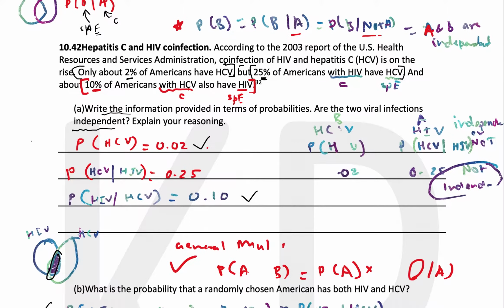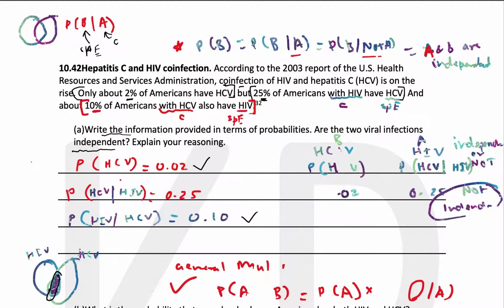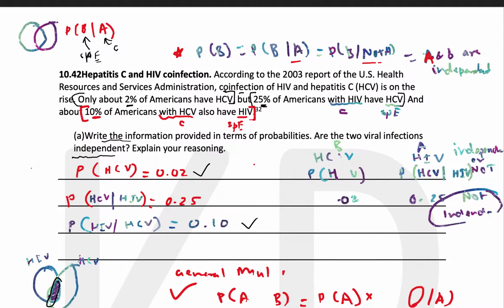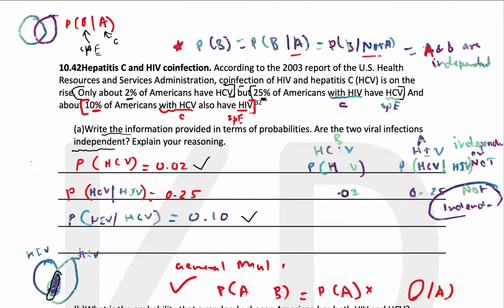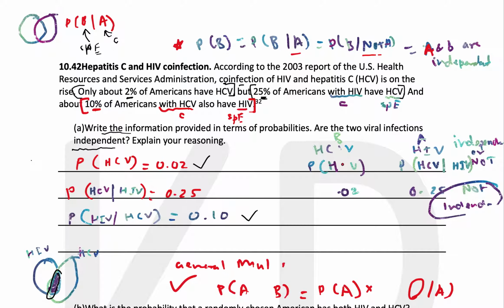So in this case, our probability of A would be probability of HIV, or B, either way it doesn't matter. And then the probability of another event given that HIV has already occurred.